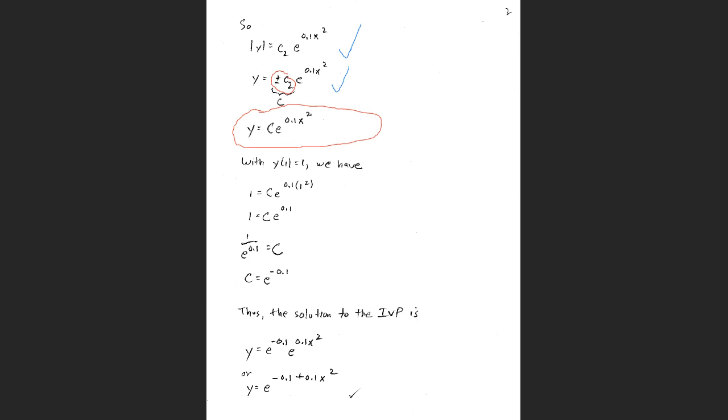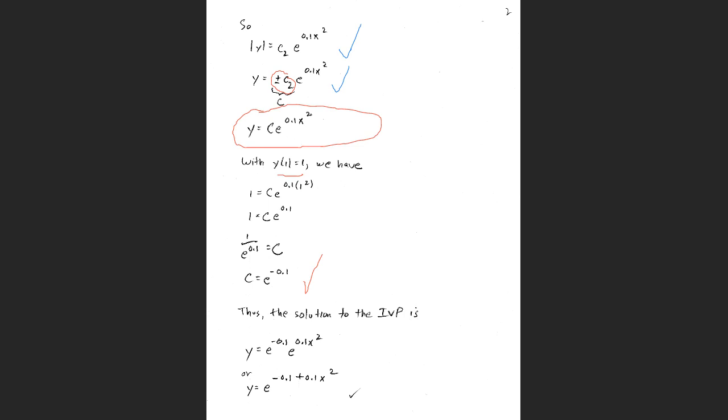And now we put in our initial condition where y of 1 equals 1 to solve for that constant c. When we have an initial value problem, under normal circumstances, we're going to get one unique solution, and that means we use the initial value to solve for the constant c. It turns out that c is going to equal e to the negative 0.1 power.